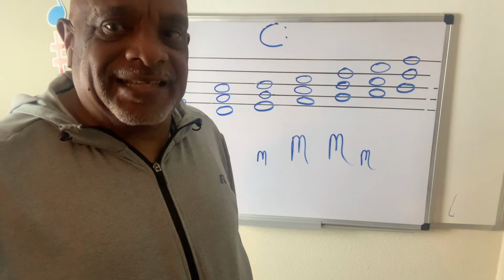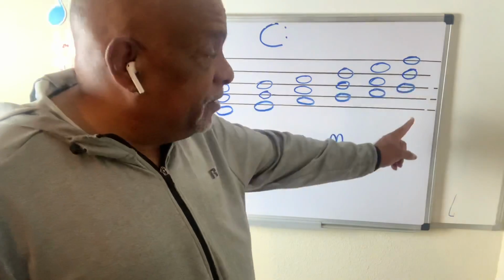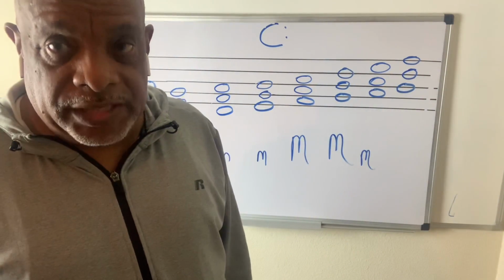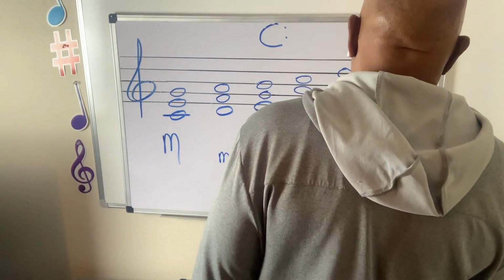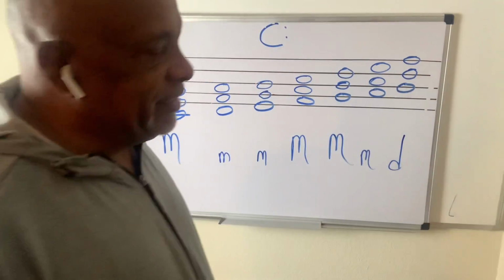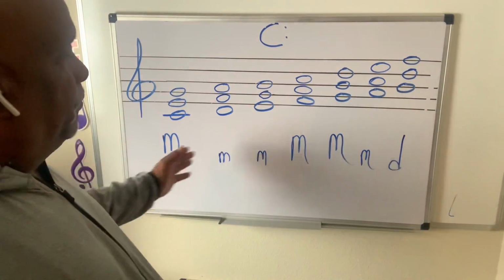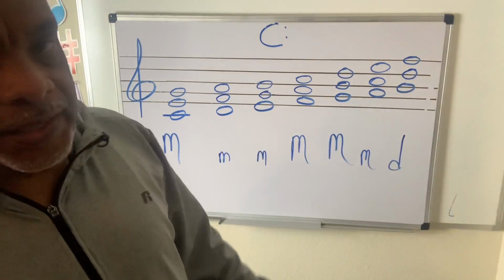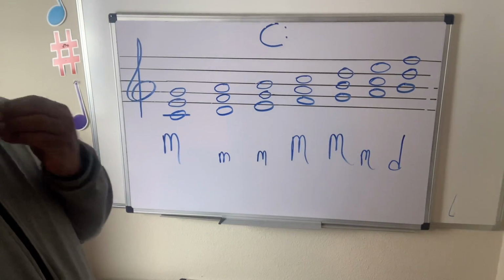It is a diminished triad. So the seventh degree of the C major scale is a diminished triad. And I'm going to note this by a lowercase d. All right. So let's go over this again. We're in the key of C major, no sharps, no flats.